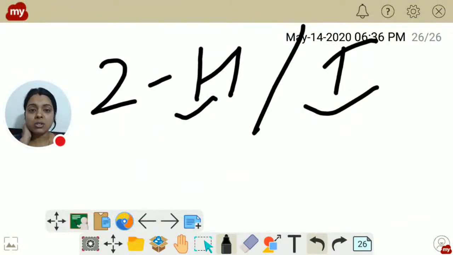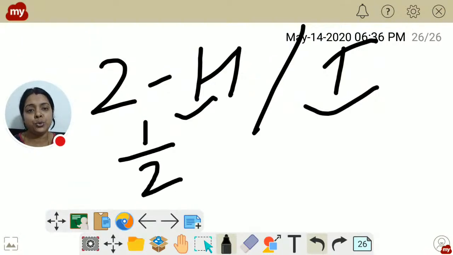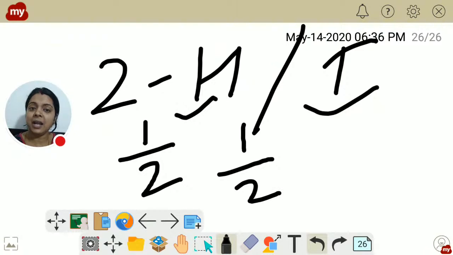If there is a toss, undoubtedly either head will come or tail will come. Means one will come out of two. So any of these two will definitely come, and the probability, the chance, is only half.